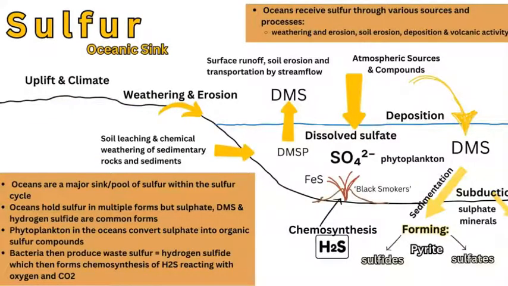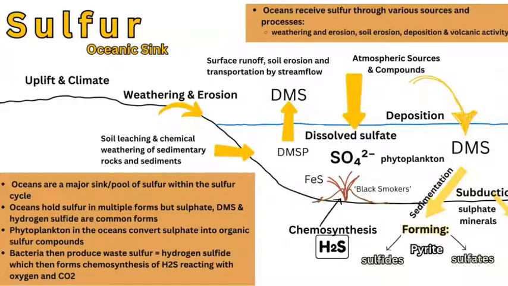The oceans play a vital role in the storage and the flux of sulfur within the sulfur cycle, and the addition of sulfur into the oceans comes through direct deposition or fallout from the atmosphere. You also get dissolved sulfate from the atmosphere into the oceans as SO4 2-.